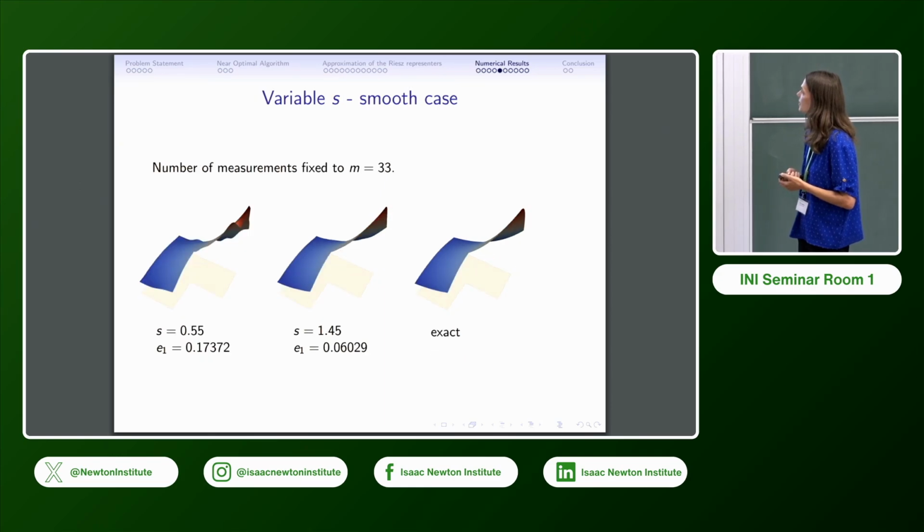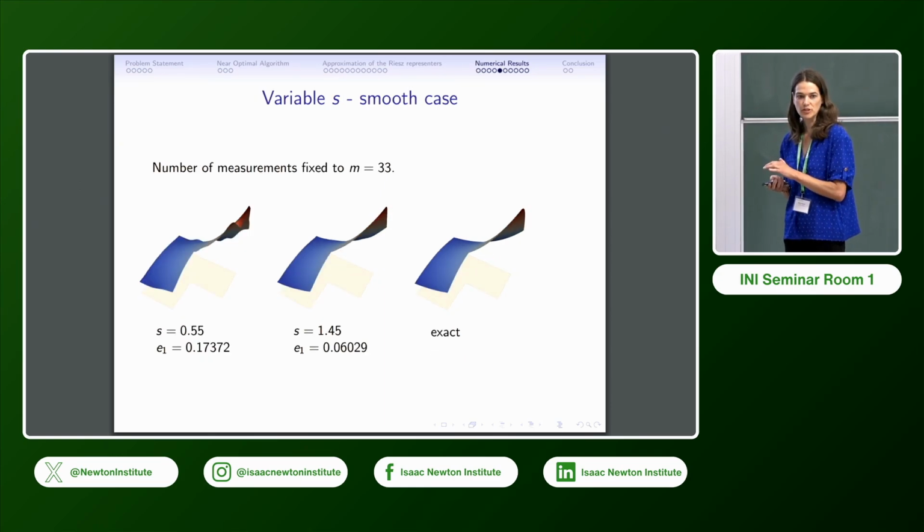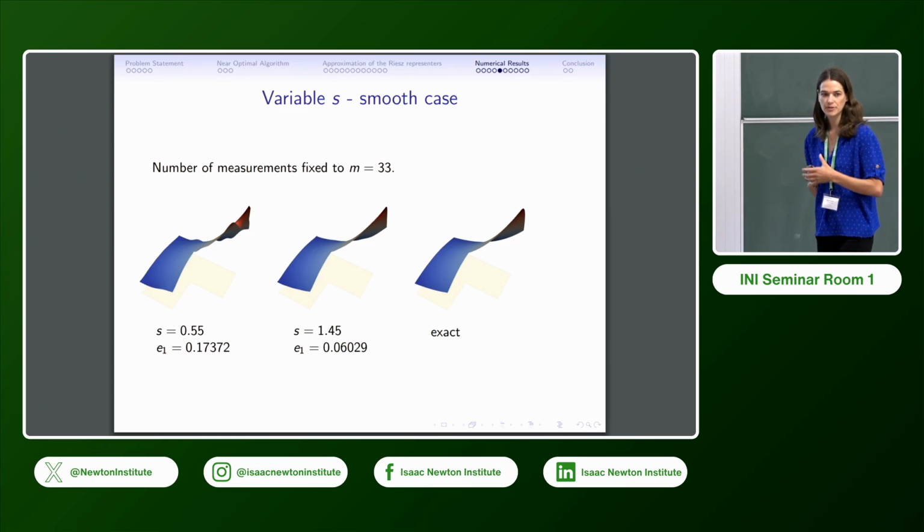The other case we tested is where I fixed the number of measurements M and changed the value of S. So now I have 33 measurements, and S is 0.55, then 1.45, and that's actually the exact solution. If you take a small value of S, you have these oscillations near the boundary, which are no longer present, or less present, when we increase the value of S.